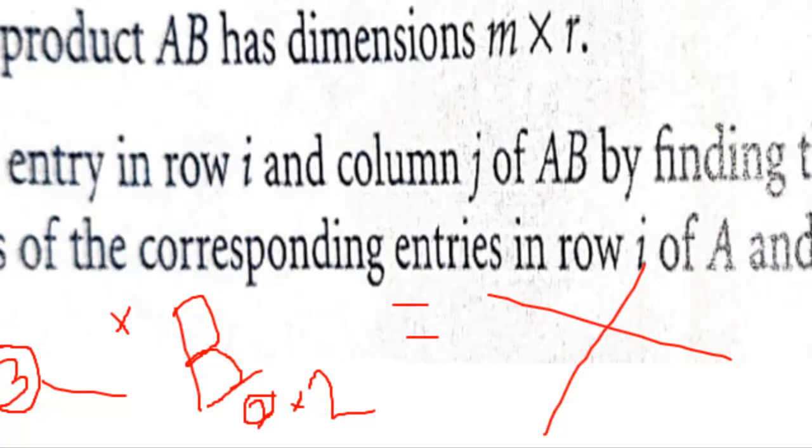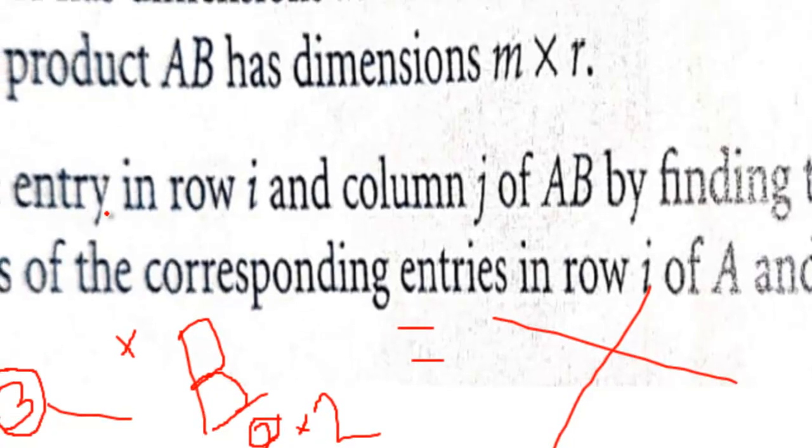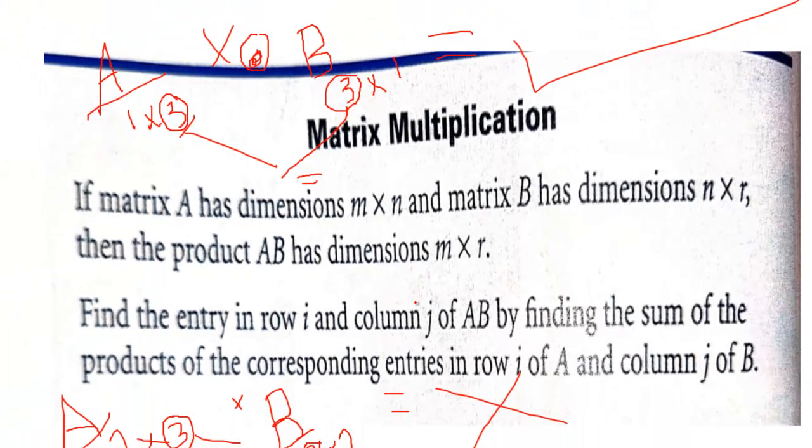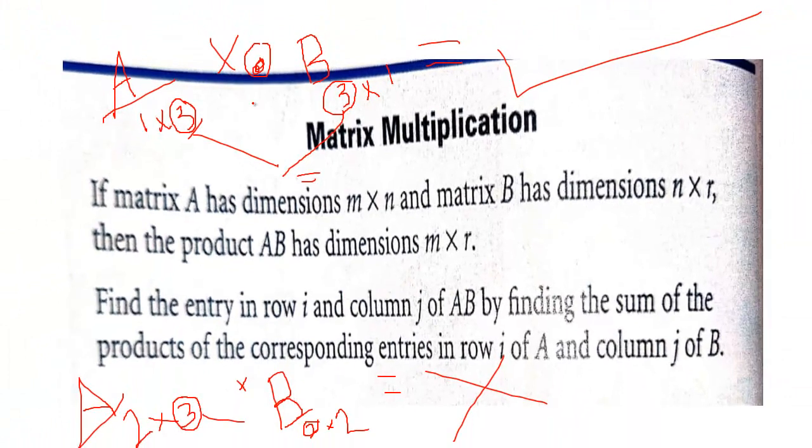Again, if the second number of the first matrix equals the first number of the second matrix, the multiplication between these matrices can be done. If they are not equal, the multiplication cannot be done.